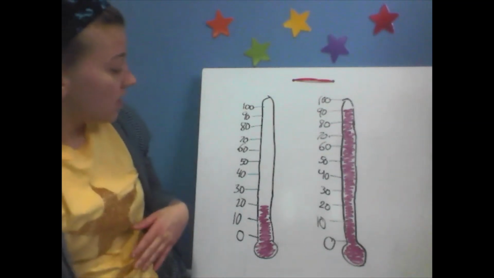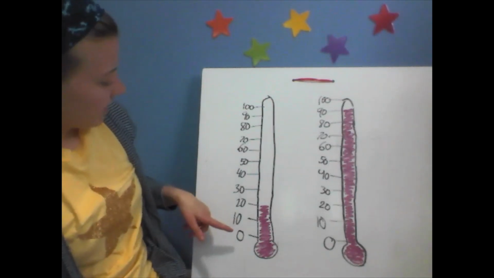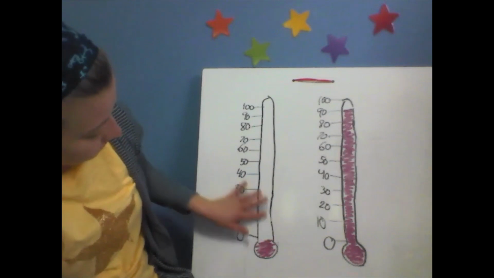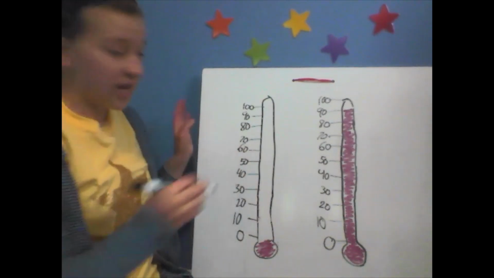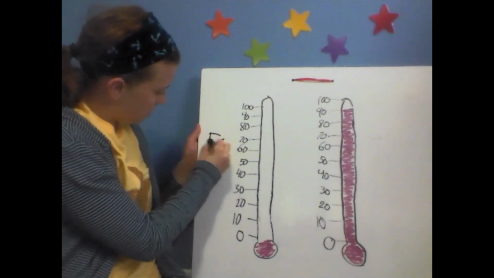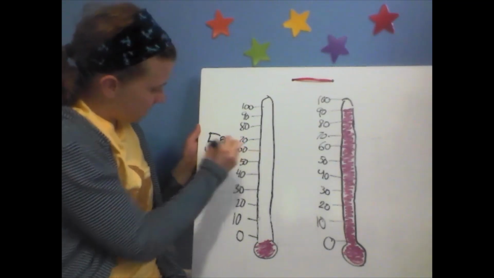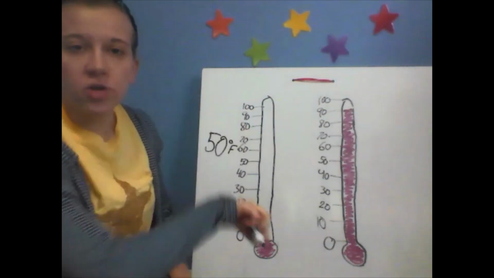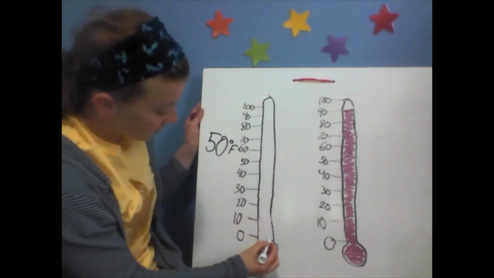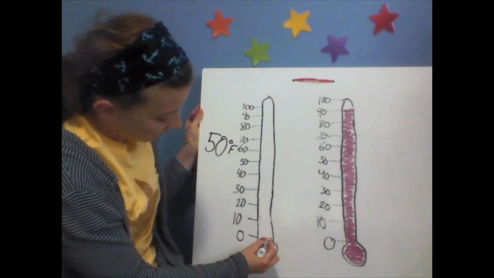All right, let me just erase this real quick. Let's say next to this one, it says 50 degrees Fahrenheit. So now I have to color this in to make it 50 degrees Fahrenheit. I'm going to have to start down here.